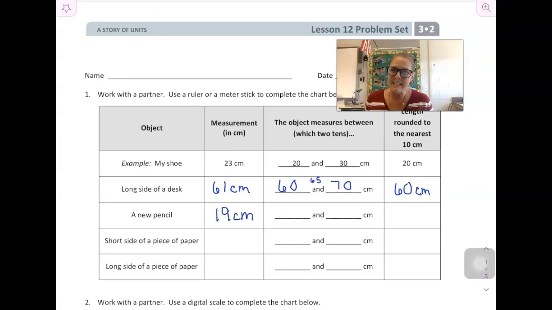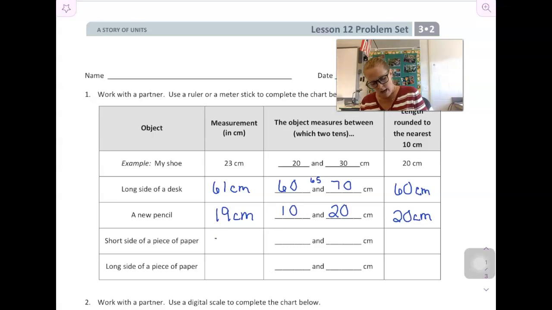The tens that 19 comes between are 10 and 20. Halfway between 10 and 20 is 15. 19 is more than that, so we're going to go to the next highest 10, which is the 20.